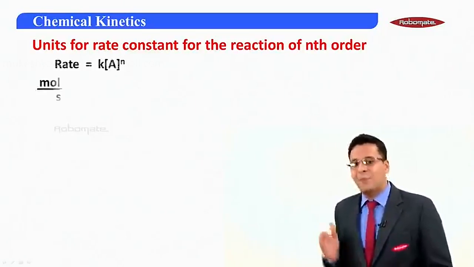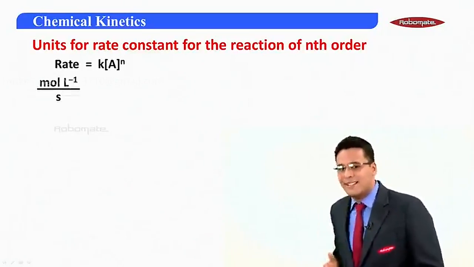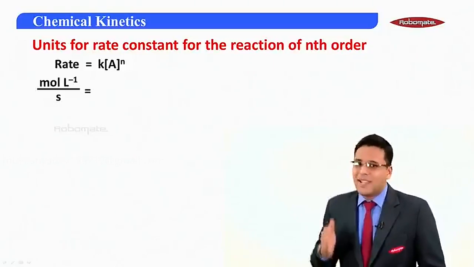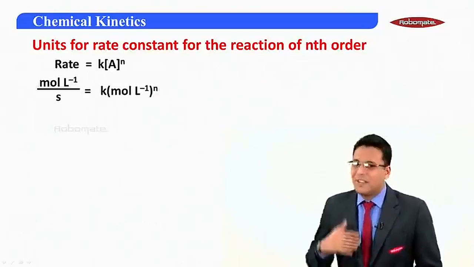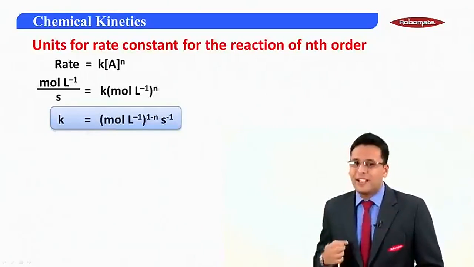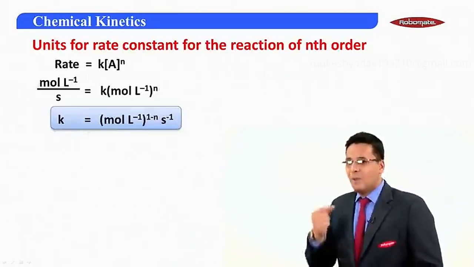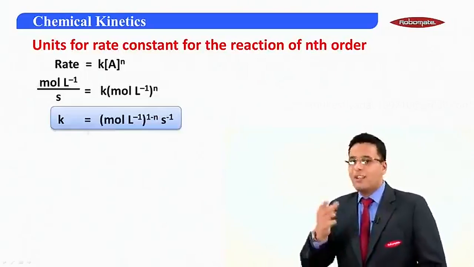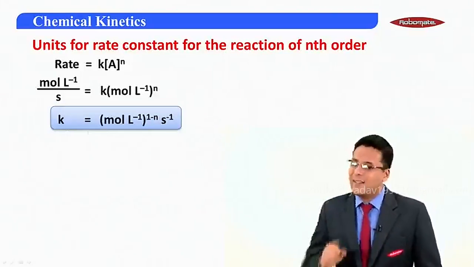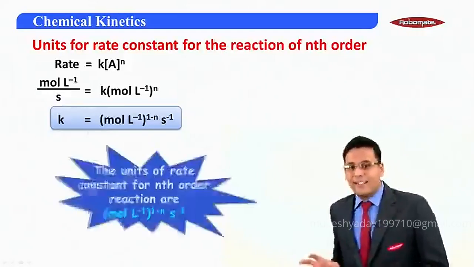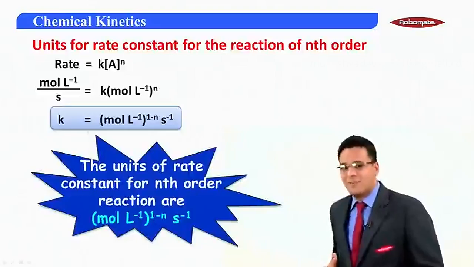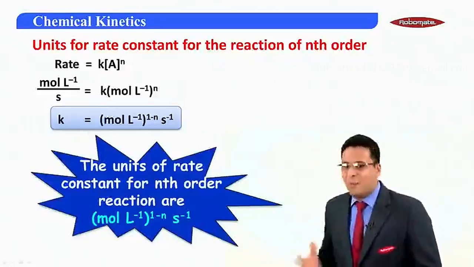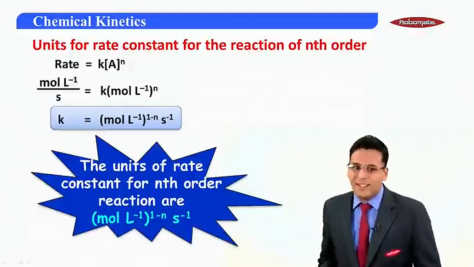You will get mole per liter per second is equal to K into mole per liter raised to N. When you rearrange this equation, you will get K is equal to mole per liter whole raised to 1 minus N per second. And that, my friends, is the general unit of rate constant for nth order, mole per liter whole raised to 1 minus n per second.